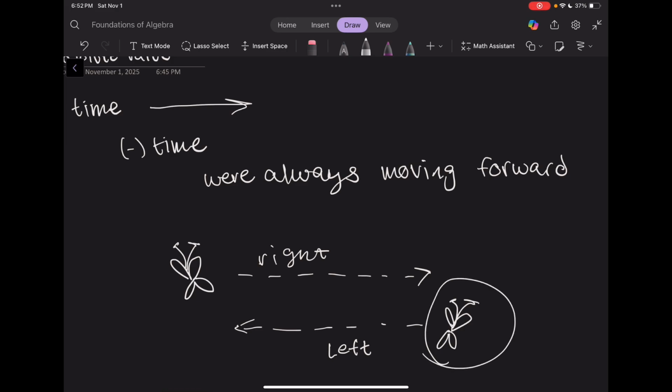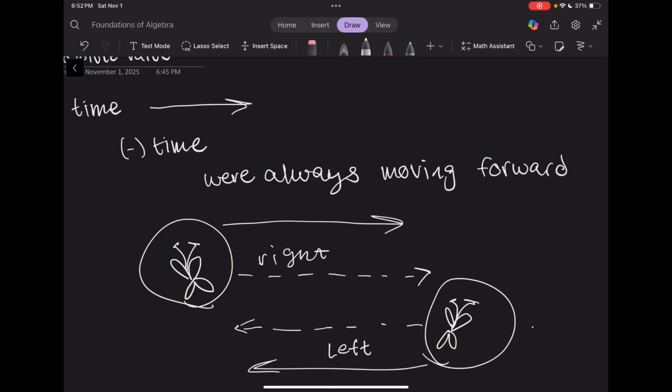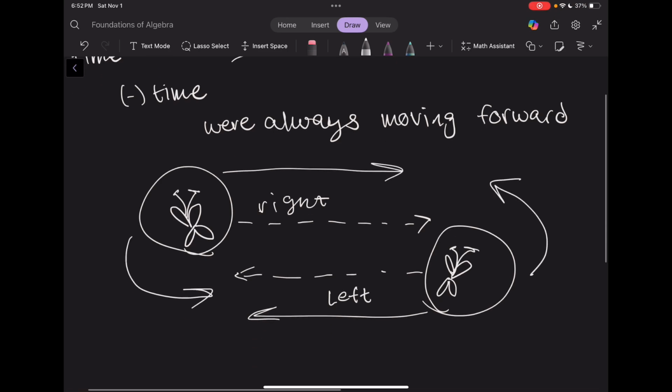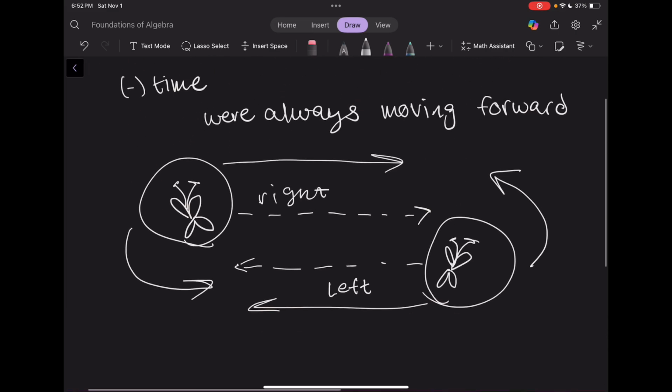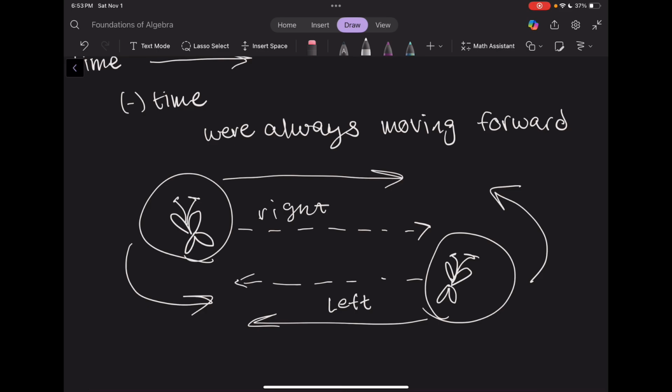But this butterfly's left is actually this butterfly's right, and vice versa. So technically, nobody is moving backwards here. Everyone is going in the same direction, which is forward in their mind.